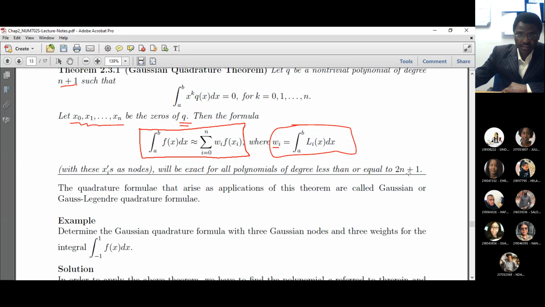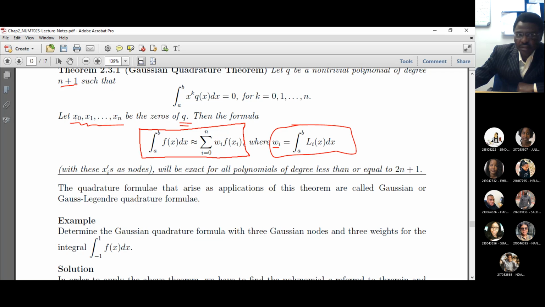The degree of precision, obviously, if you have n plus 1 points, the degree of precision is this. But we are going to see.